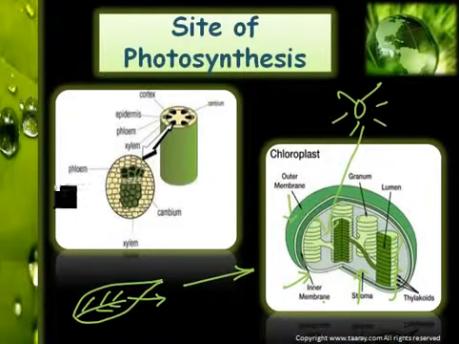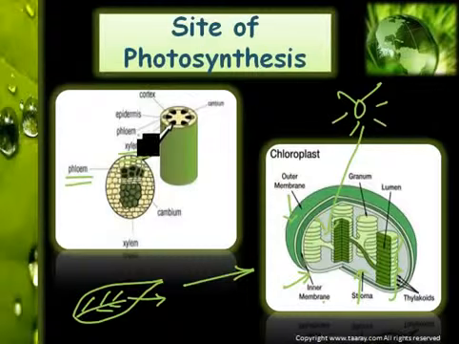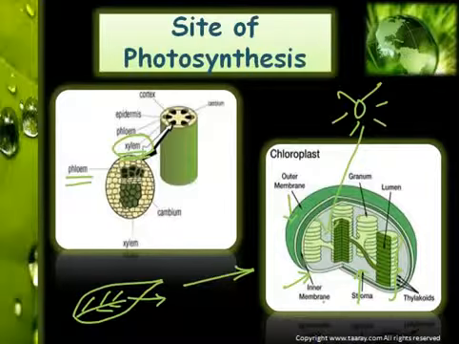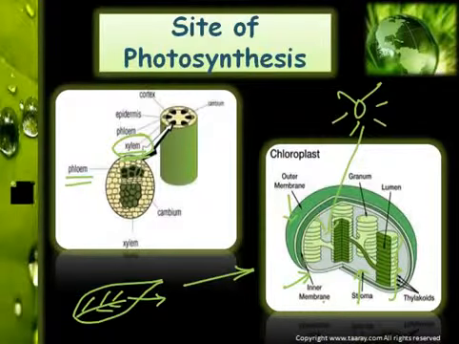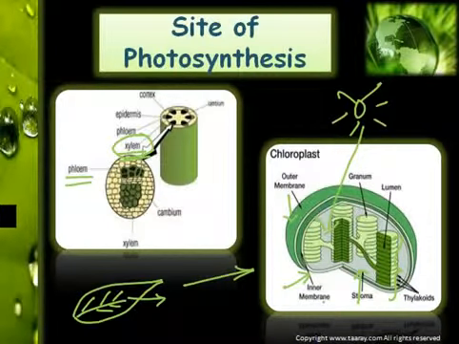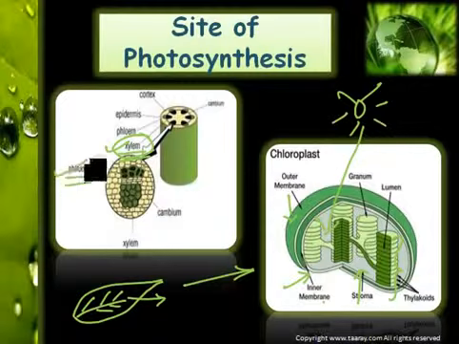Now we will look at the important tissues of plants. The first is the xylem, which carries absorbed water and mineral salts to other parts of the body. In plants, roots mainly absorb the water, and then it is transported to the other parts by the xylem. Next comes the phloem.